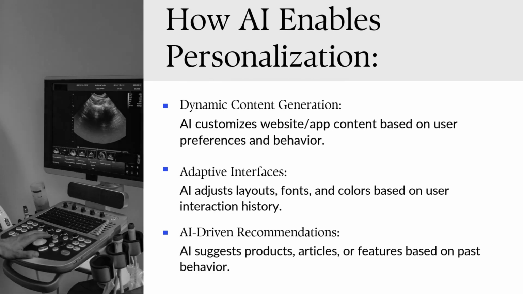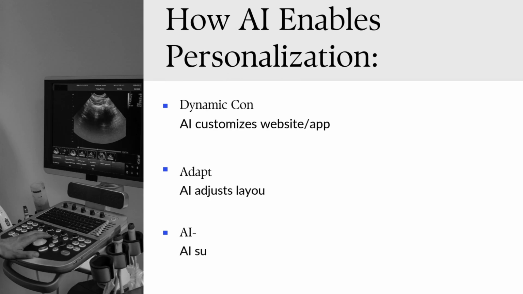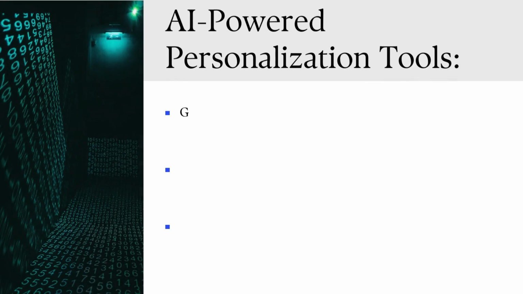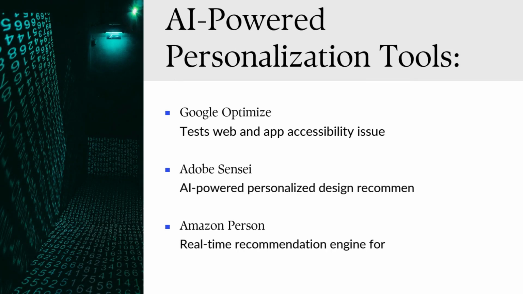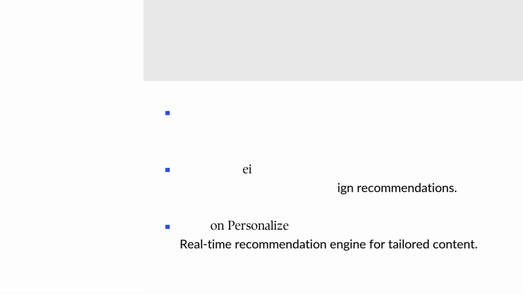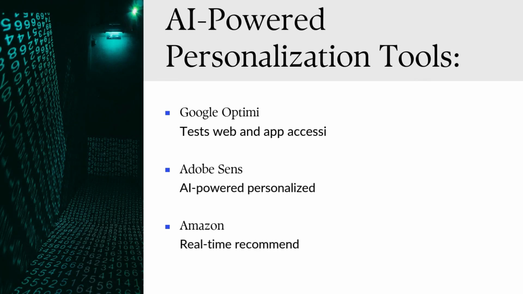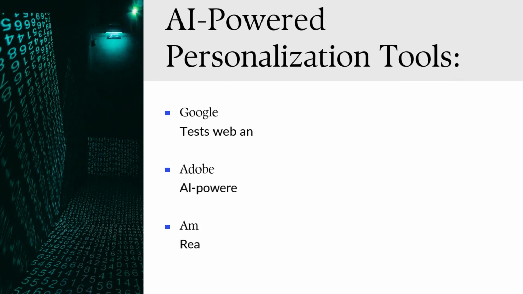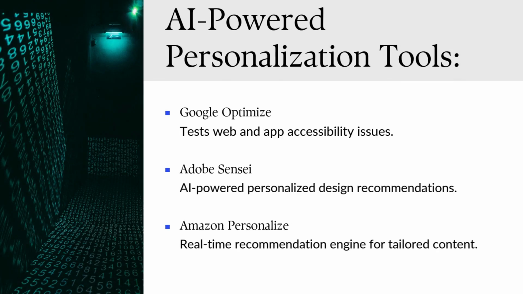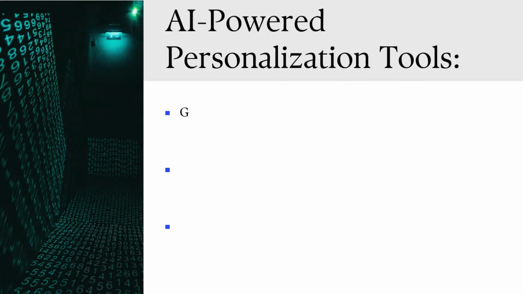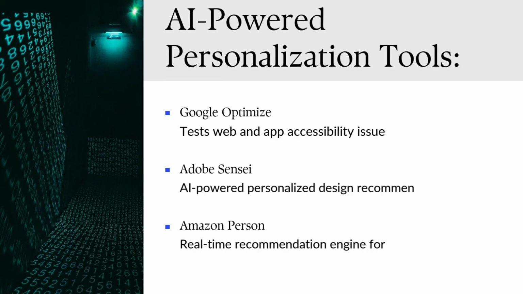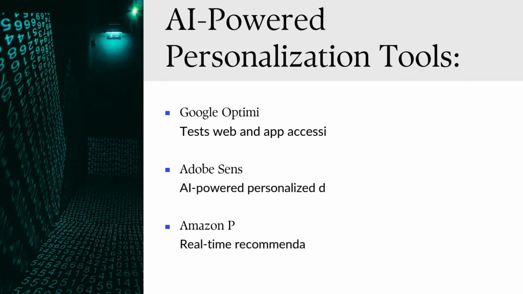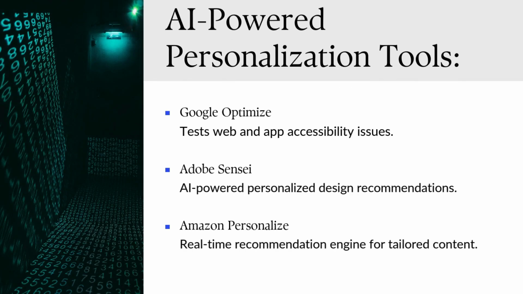And that's beautiful, guys. So guys, let's move ahead to talk about some of the AI-powered personalization tools. First on our list, we have what we call Google Optimize. With Google Optimize, we can conduct A/B testing and personalization for web experiences.